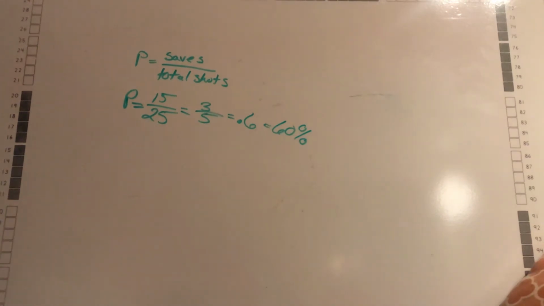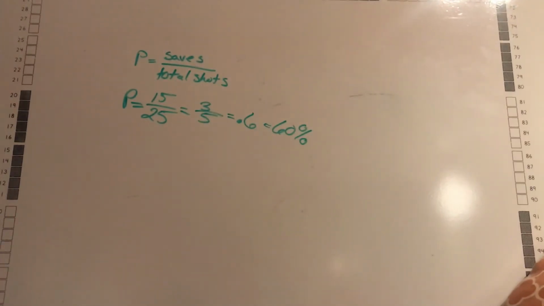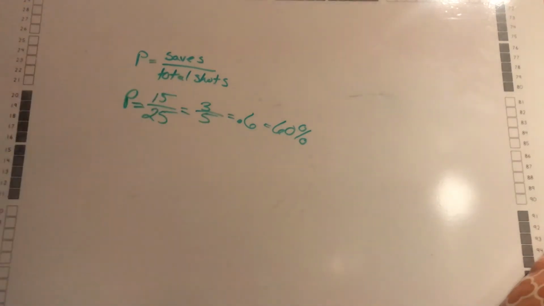So the experimental probability that Tanya will make a save on the next shot is 60%, or 3/5, or 0.6, depending on what the assignment asks you to write it in. They may even ask you to write it in all 3 ways. We'll talk about that at the end of the lesson.